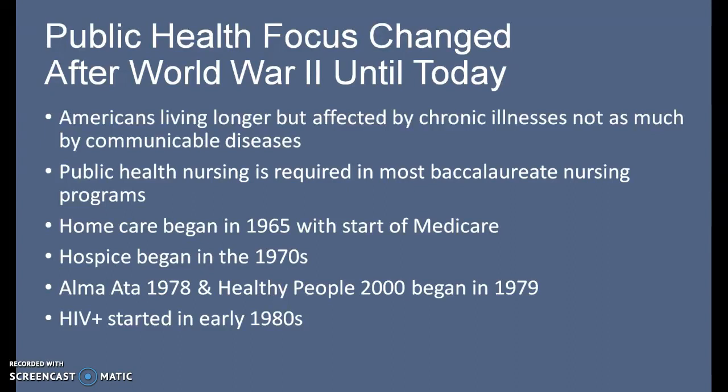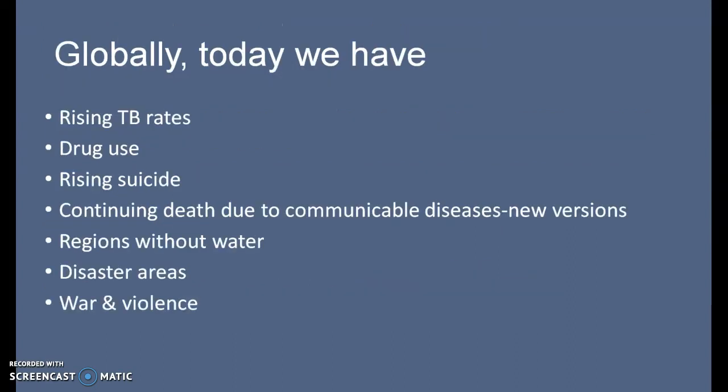Healthy People 2020 being the federal goals for public health. And then we have HIV that started in the early 1980s, and we see how far we have come with that, which is another reason to mention why public health nurses, all nurses, need to always be active learners, always learning about new diseases that are coming out, new responses, and then new medications.